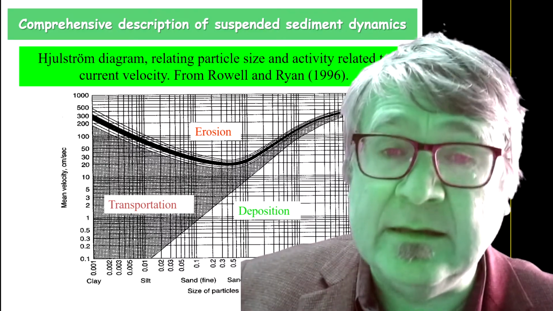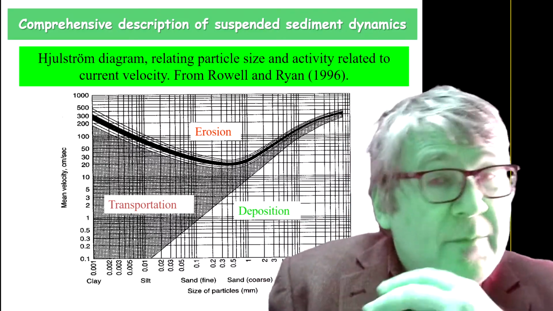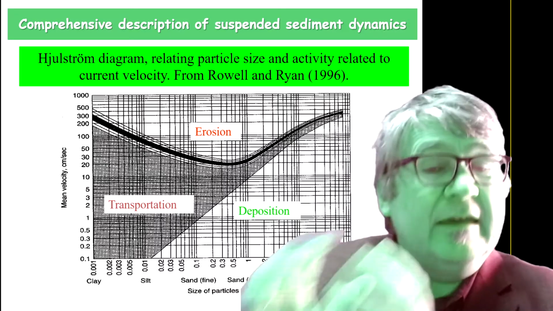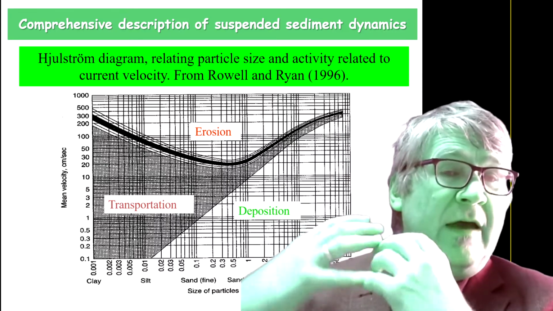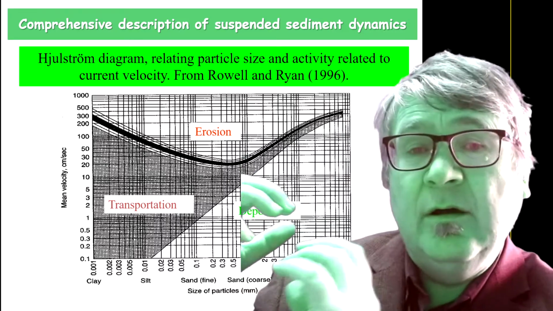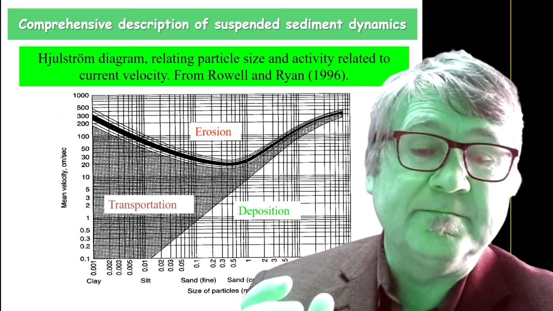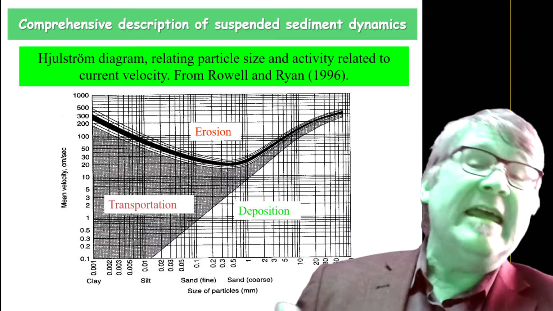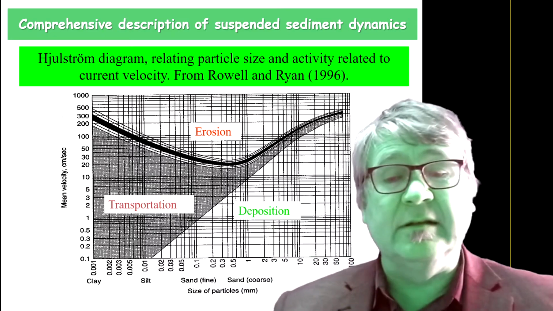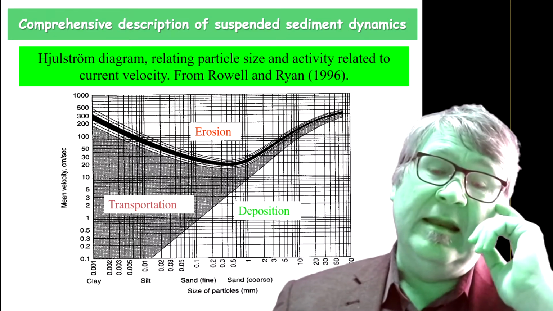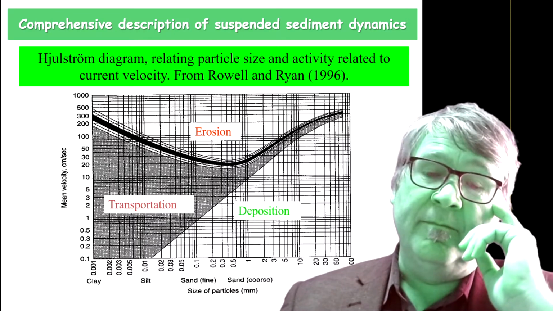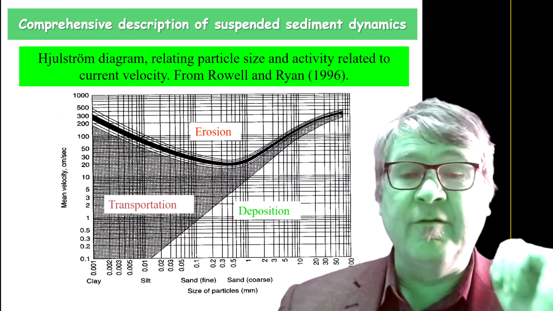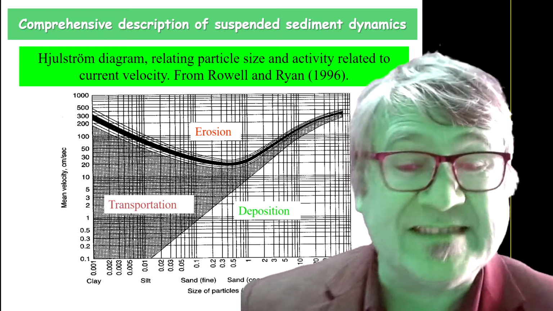In fact, in nature, you always have a mixture of different sediment types. Here, you just assume you have sediments of essentially all the same size, not a mixture of different sediment. You either have clay with very small particles, less than a hundredth of a millimeter, or you have sand.